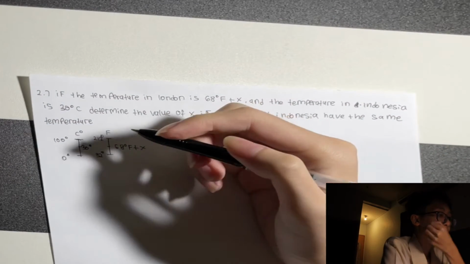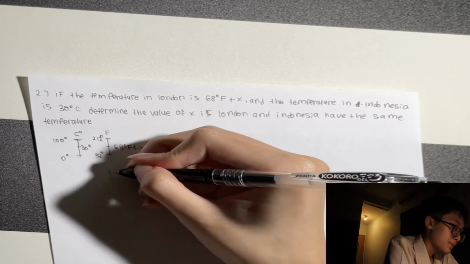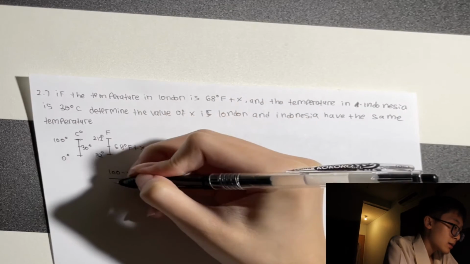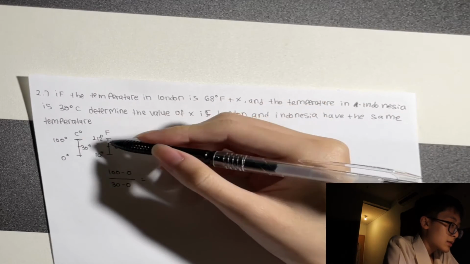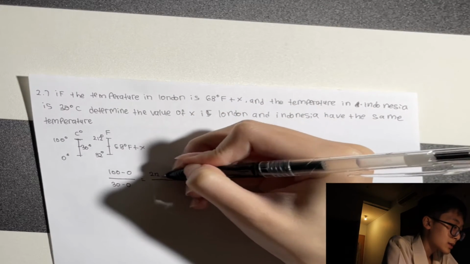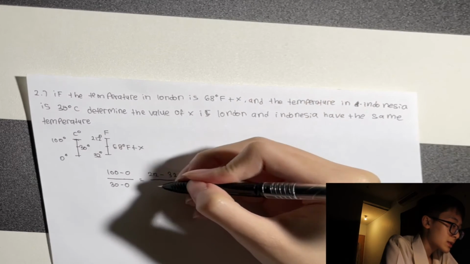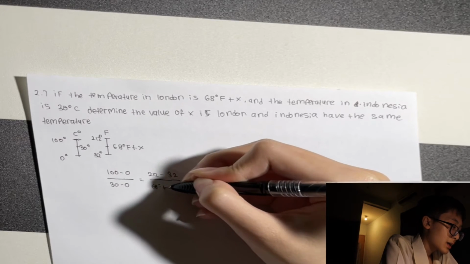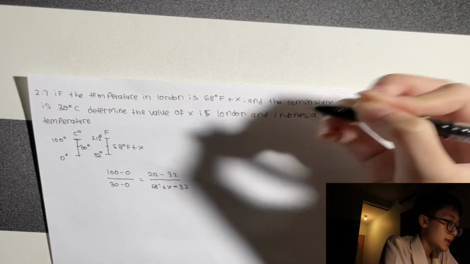Okay, we do the same equation like last time. 100 minus 0 divided by 30 minus 0, and then for the Fahrenheit, the boiling point 212 subtract freezing point 32, and the value, which is 68 degrees Fahrenheit plus X subtract by 32.